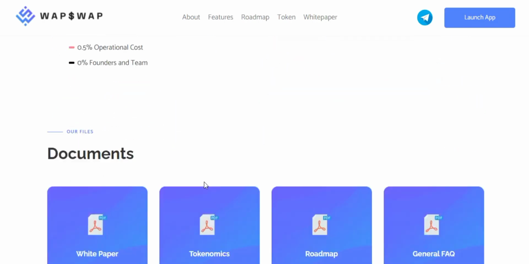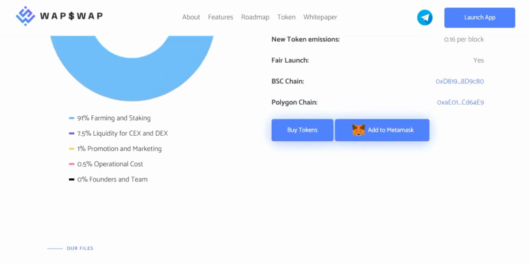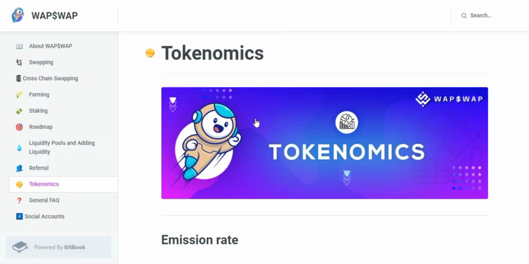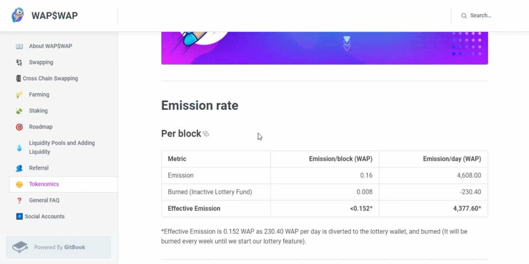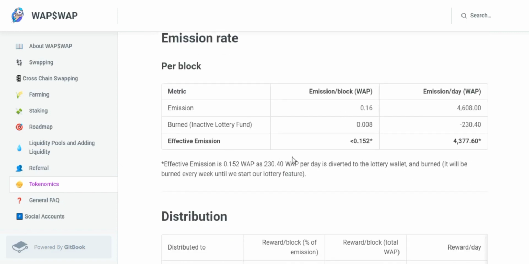Now if we take a detailed look at their token economics, right here we can see their emission rate per block. Their emission per block would be 0.16, and emission per day would be 4,608.